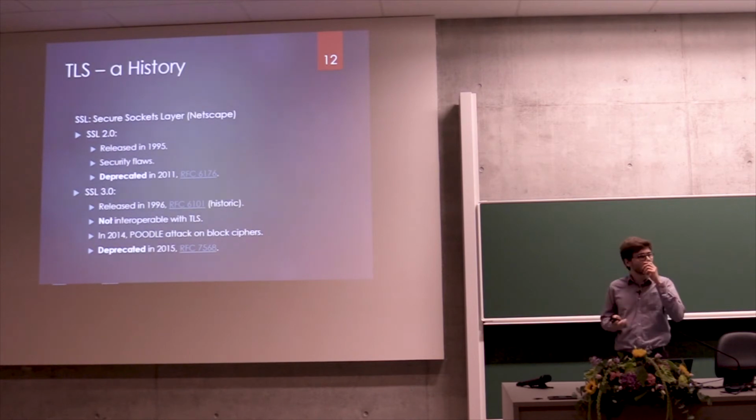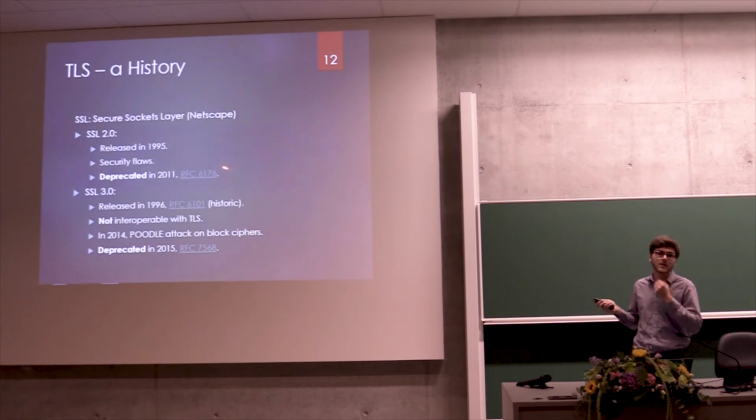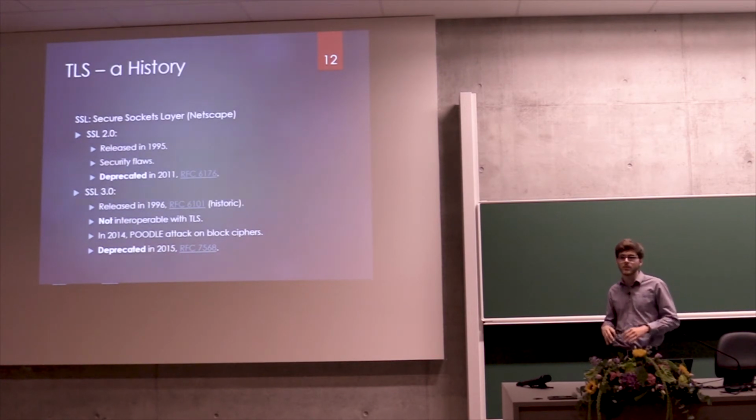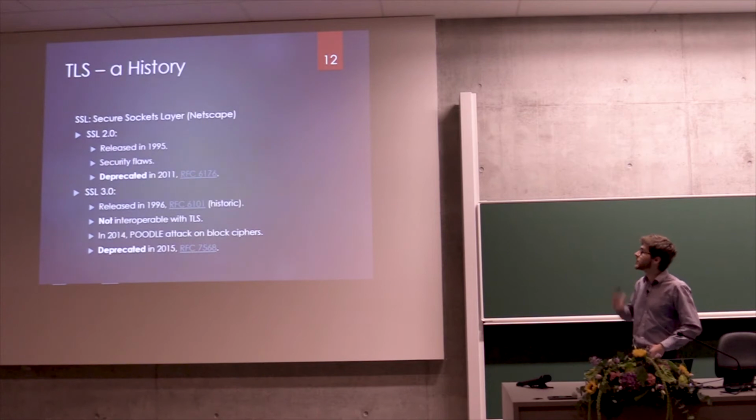So actually, I don't know if the links will still work in the PDF. They did in the PowerPoint. But these RFCs are the official documents from the Internet Engineering Task Force. There's a bunch of links to them in the presentation. So if you're interested in actually looking at the official documents, why these things were removed, these kinds of things, you can follow these numbers, if not the links. So SSL 2.0 was deprecated in 2011.